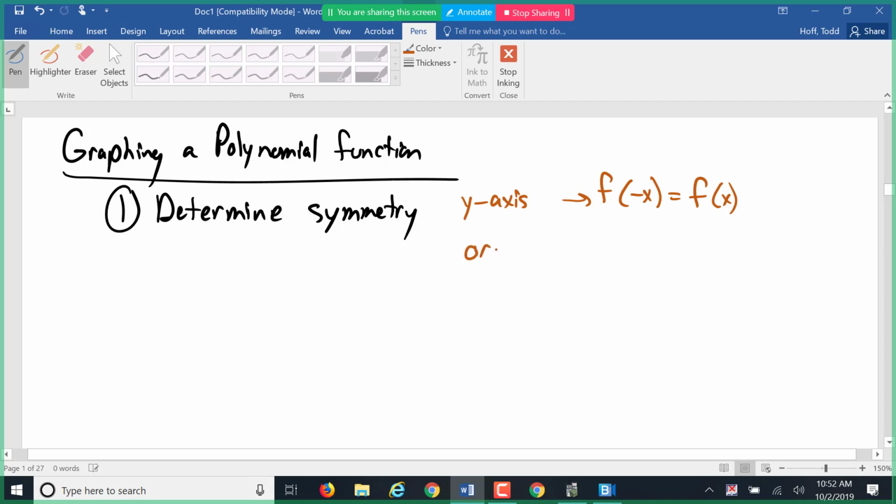It's symmetrical about the origin if f of negative x equals negative f of x. So all the signs in the function get changed.